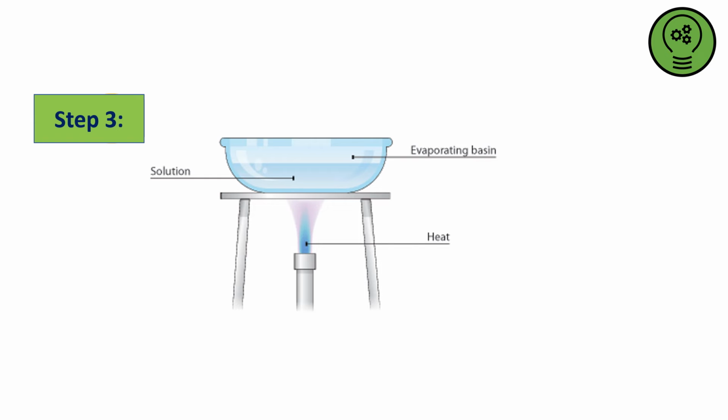And so the final step then is evaporation. Notice it's an evaporating basin, it's not a bowl, it's not a dish, it's evaporating basin. If you can name equipment, you're going to gain marks. So the solution goes in the evaporating basin, and the slower you do this process, the better crystals you're going to get.